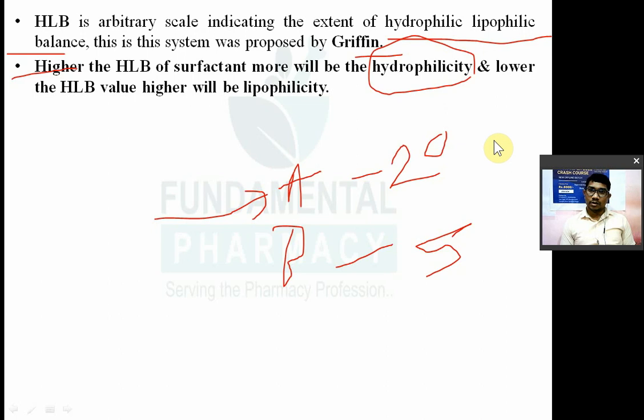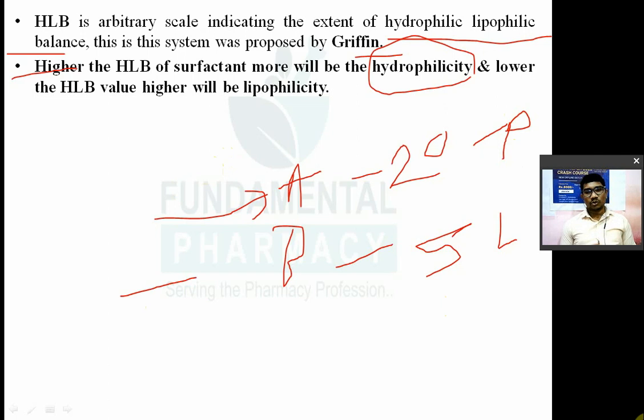So there are polar characters over here. इसमें ज़्यादा polar character है. And this compound B is lipophilic in nature. यहाँ पे non-polar character है. So higher will be the HLB value of surfactant, more will be the hydrophilicity, lower the value of HLB, higher will be the lipophilicity.